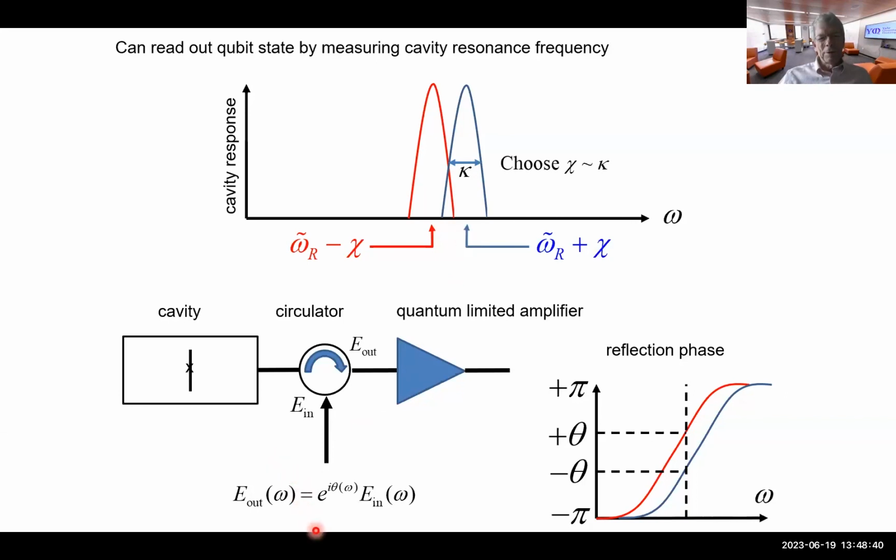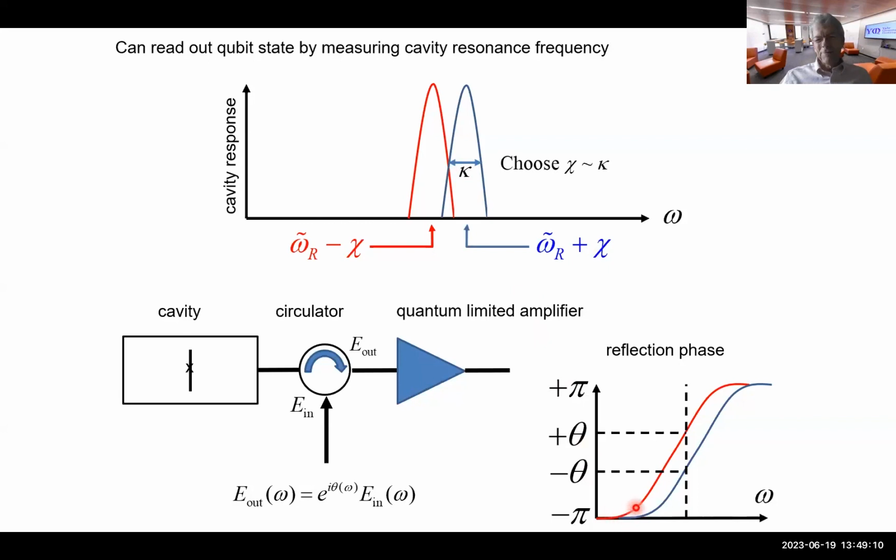So what you do is you send in a microwave tone through a circulator gadget. It bounces off the cavity, and then sends it here to a quantum limited amplifier. And the nice thing is that you're sitting right here at this frequency, so you're slightly above one resonance and slightly below the other resonance.